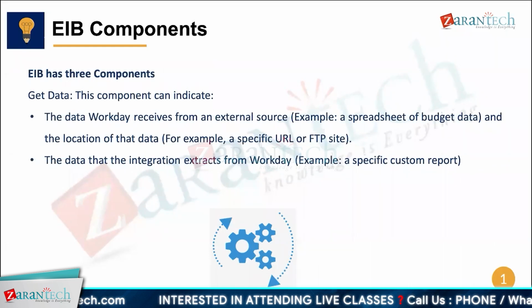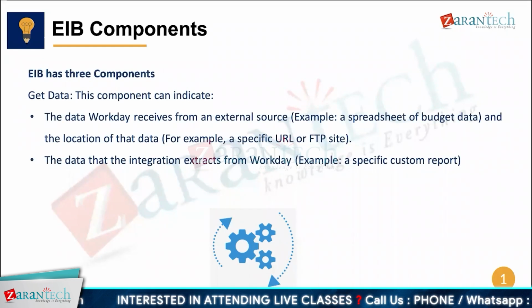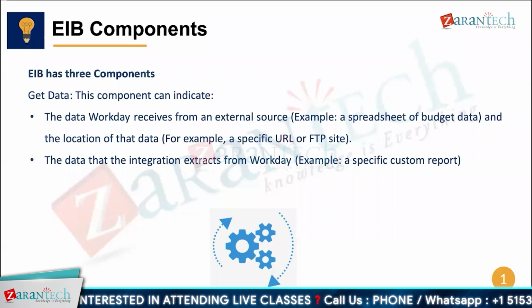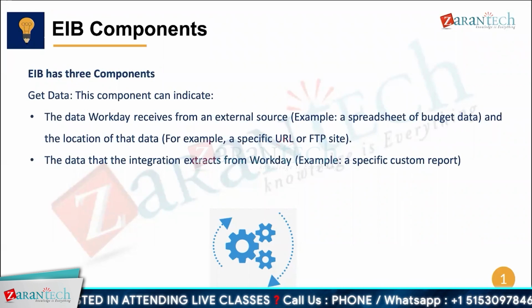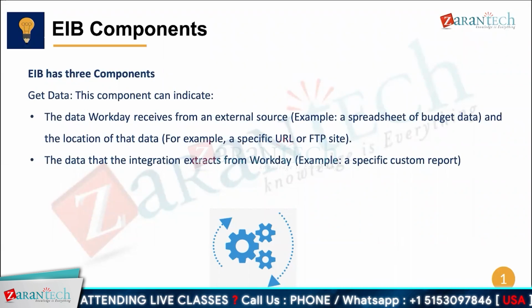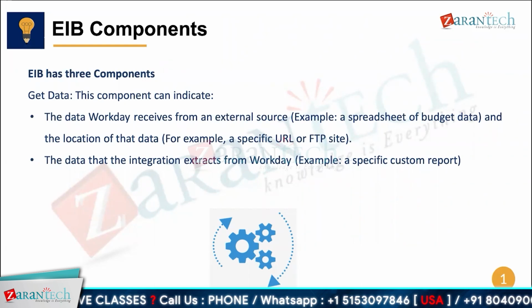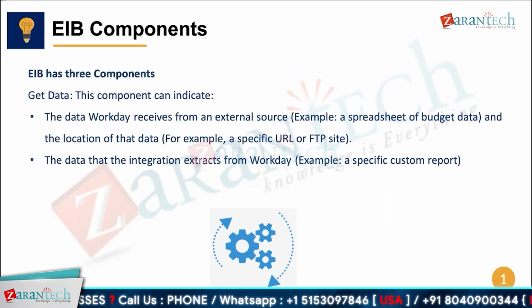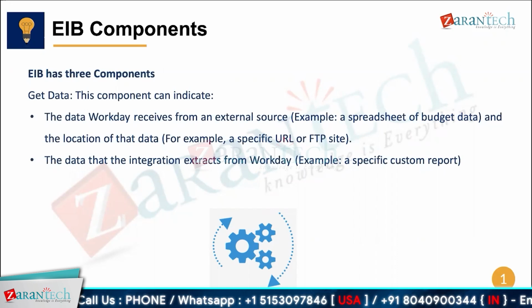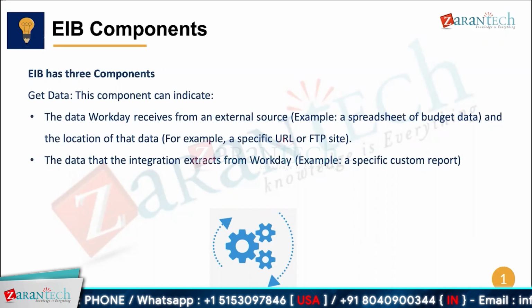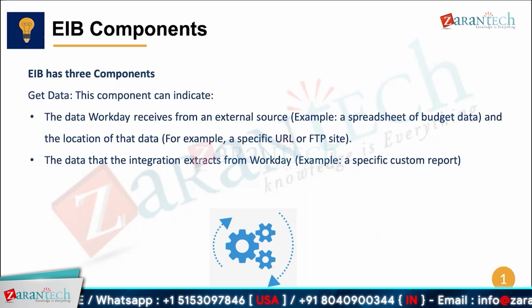So EIB has three basic components. Get data: the data received from an external source, and the location of that data. So as we mentioned, we can get the data from an external source, or the data that the integration extracts from Workday.